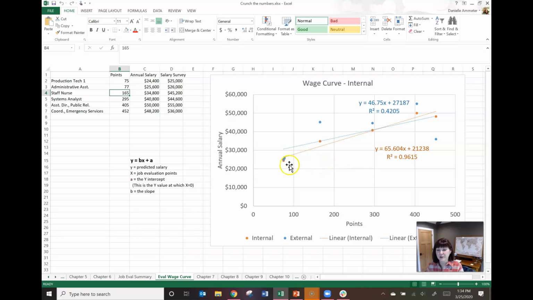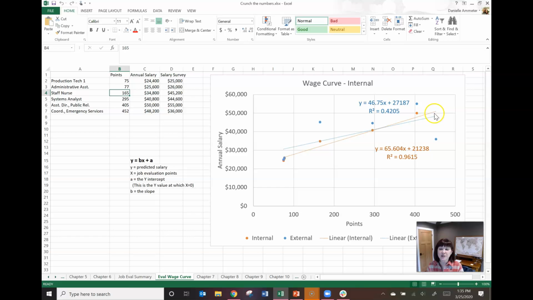And you know, our internal structure, you can see the markets are all over the place. We do pretty well down at the lower levels. And in fact, the market is up higher, so the market's paying higher at those lower point jobs. Once we get into the higher point values, that's where we start paying more.